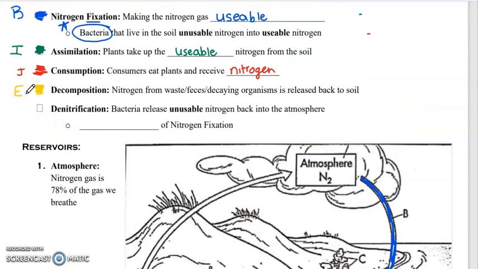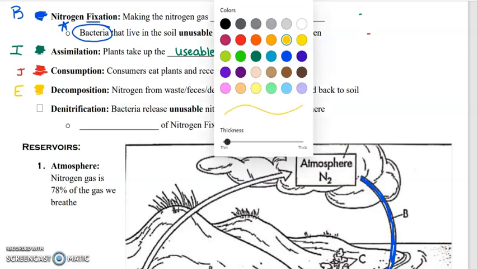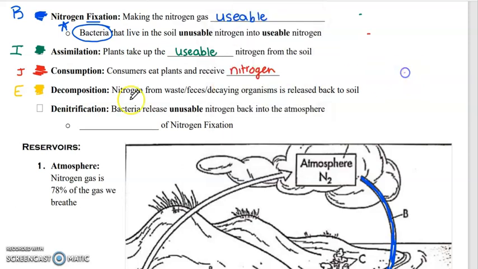And then our last step: if we started with nitrogen as this unusable form in the atmosphere, we have to end with that as well. So we have one final step. It is denitrification. It is the opposite of nitrogen fixation. This is when bacteria, again, are going to take that usable form from the soil and put it back to the unusable nitrogen in the atmosphere. So we say it is the opposite of nitrogen fixation.